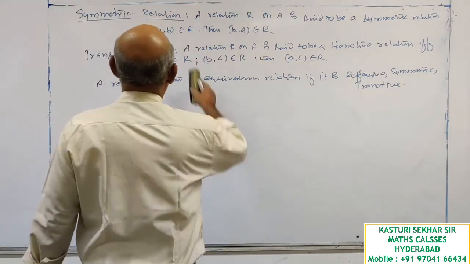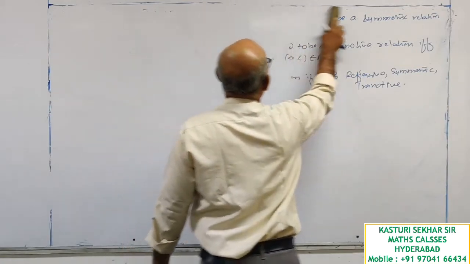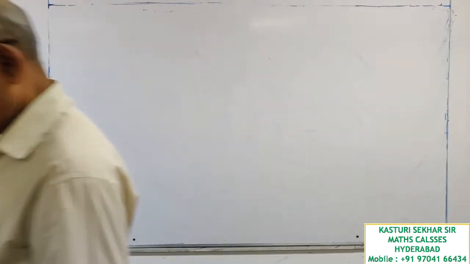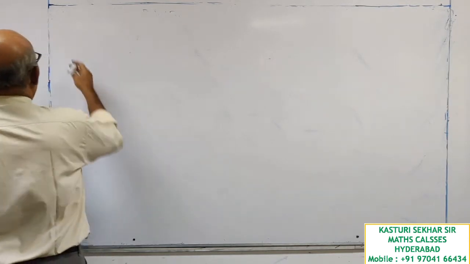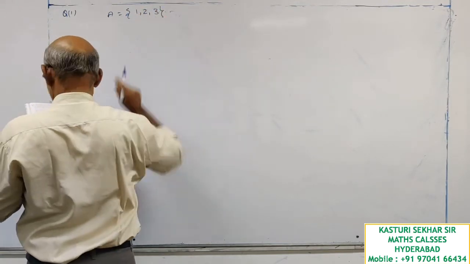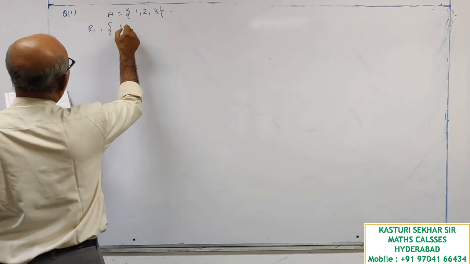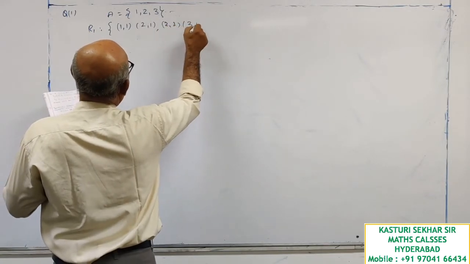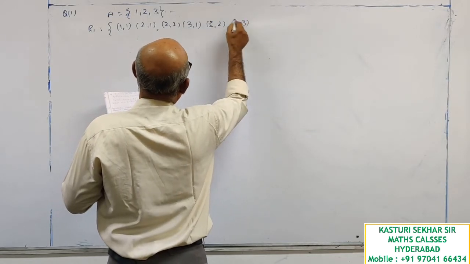Okay, let us see numerical problems on this. Question number 1. A is equal to {1, 2, 3}. Three relations are defined in this manner. R1 = {(1, 1), (2, 1), (2, 2), (3, 1), (3, 2), (3, 3)}.